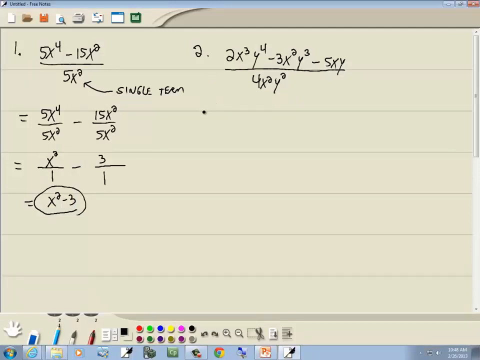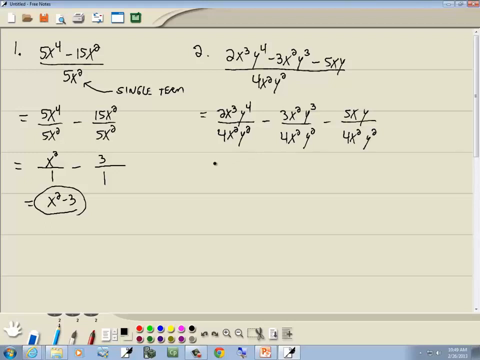Again, we have a single term in the denominator, so we want to split this up into separate fractions. We've got 3 terms on top, so we'll have 3 fractions: 2x to the third y to the fourth over 4x squared y squared, minus 3x squared y to the third over 4x squared y squared, minus 5xy over 4x squared y squared.